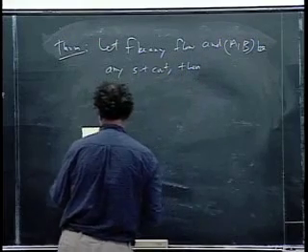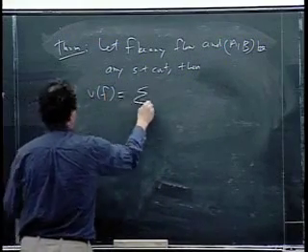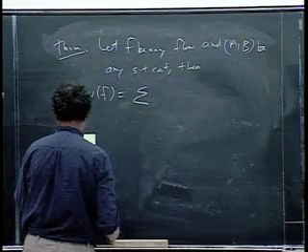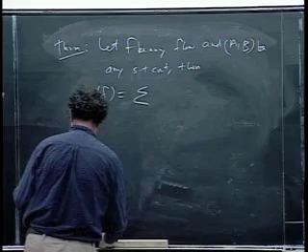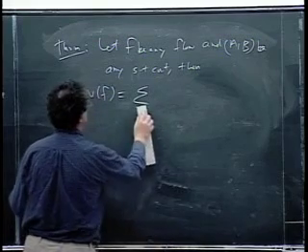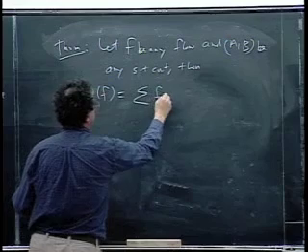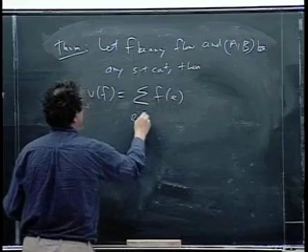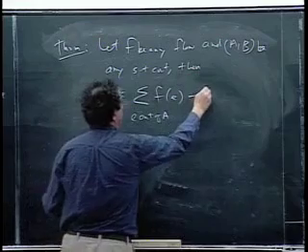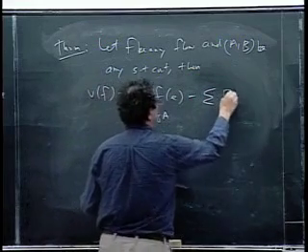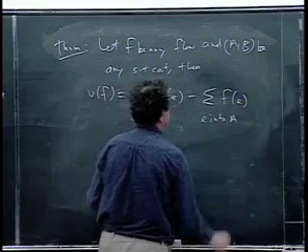Then the value of that flow is equal to the summation of flow E out of A minus the summation of flow E into A. Okay?